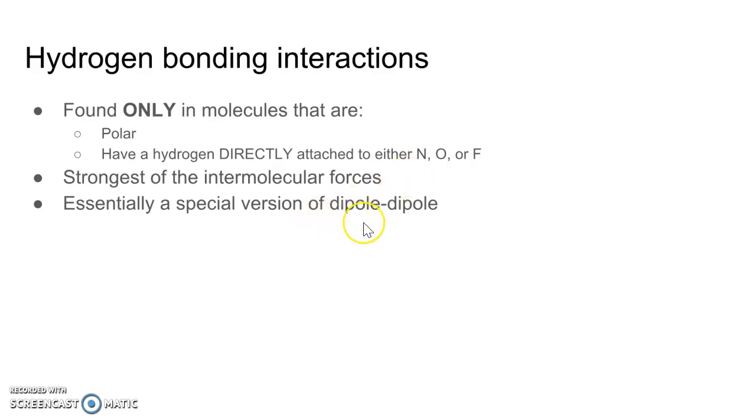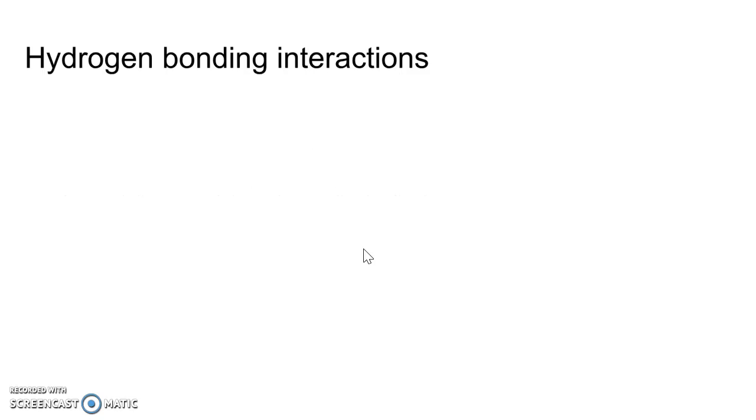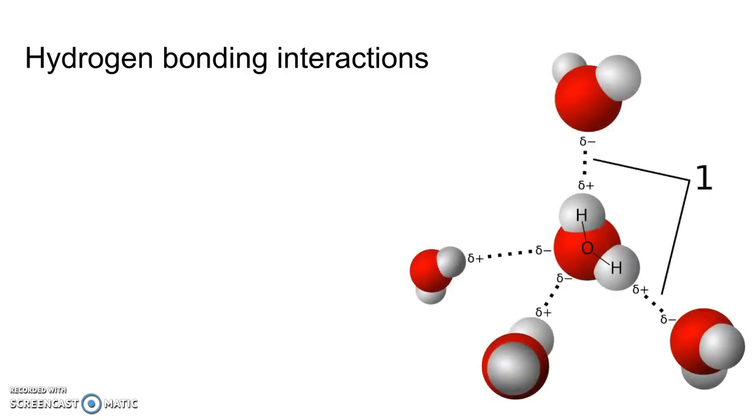It's dipole-dipole, but much, much stronger because of the hydrogen being attached to nitrogen, oxygen, or fluorine. You're welcome to think about why that is. What do we know especially about things like fluorine, maybe oxygen, maybe nitrogen? Some cool things to think about. Maybe ask your teacher.